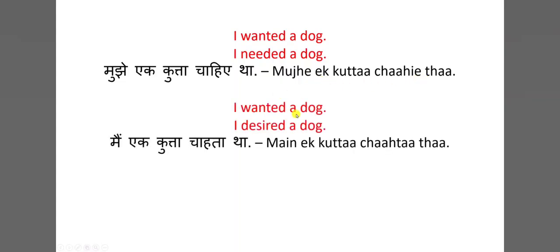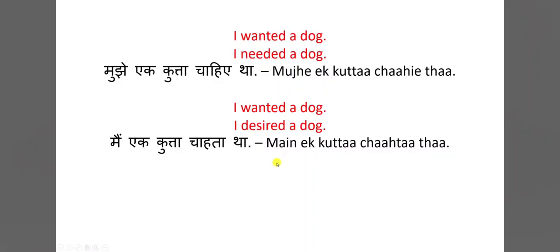I wanted the dog can also be said like this. मैं एक कुत्ता चाहता था. Now this means I desired a dog. Meaning it was my desire to have a dog. Okay? So this format says desire. This format says need.